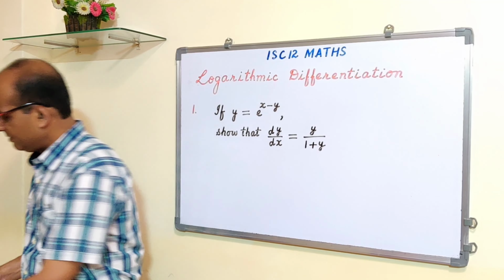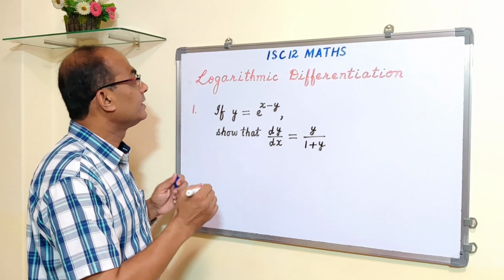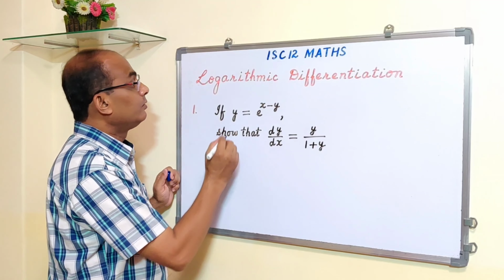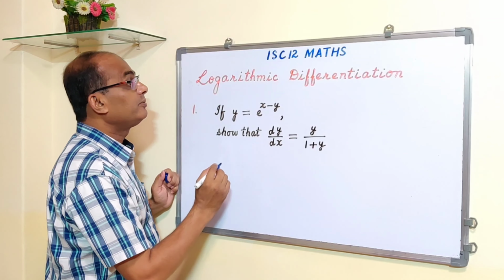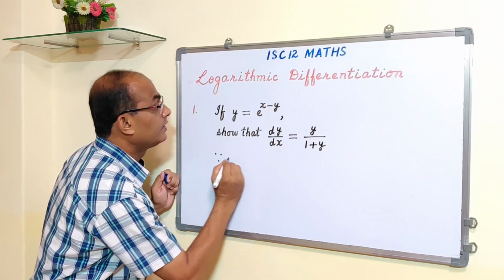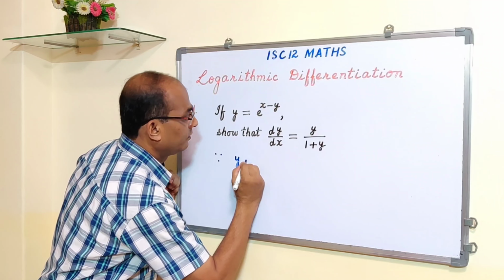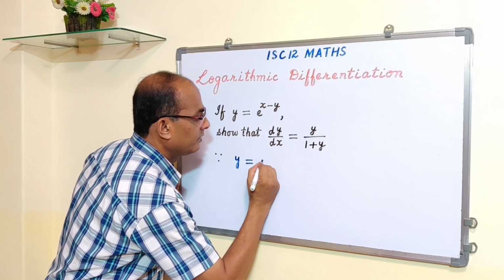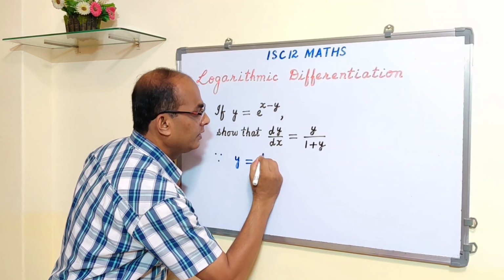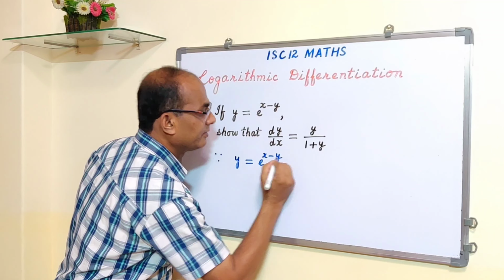This is the question. What is given? y is equal to e raised to the power x minus y. This is given.